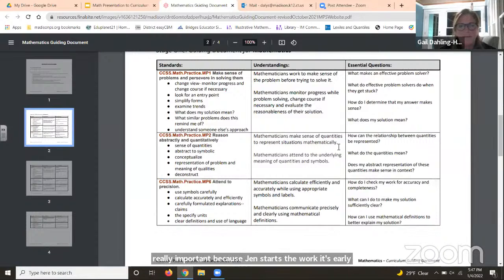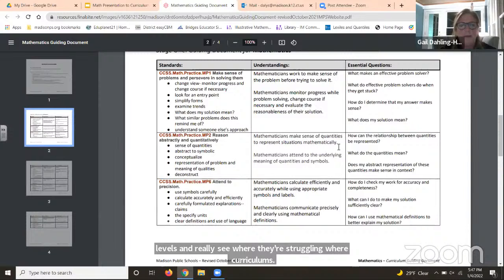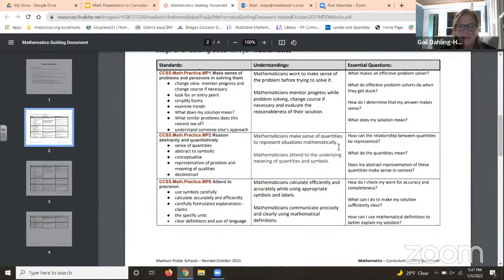And as we're having our vertical meetings every month, we're able to take a look at how students are performing across various grade levels and really see where they're struggling, where our curriculum's really demanding, where we might be circling back to do something different in our curriculum. It really informs our practices as well and our professional development.